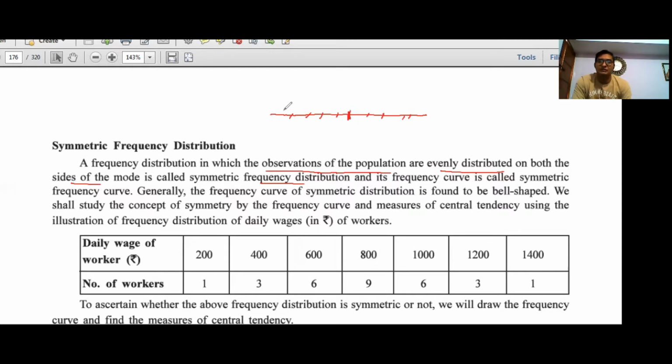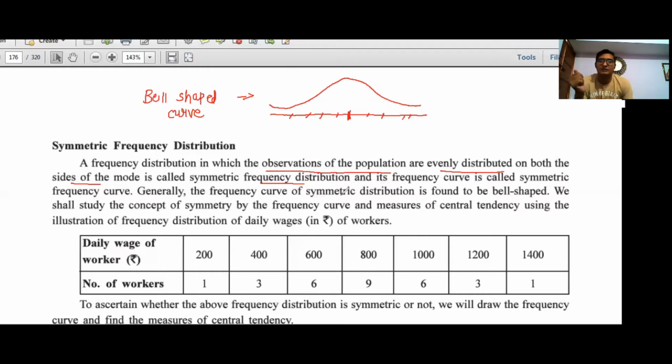Now this curve is called a frequency distribution. What is the curve? The curve is like this, it is a bell shape. Got it? So this is called a bell shaped curve, and this curve we call a symmetric frequency distribution, where all the observations of the population are distributed evenly on both sides.